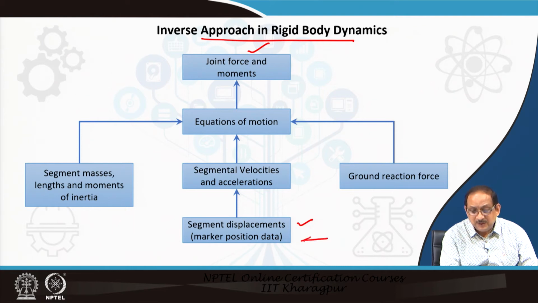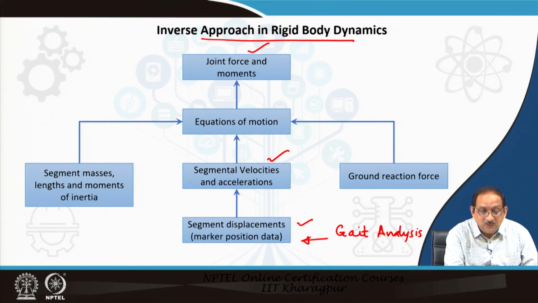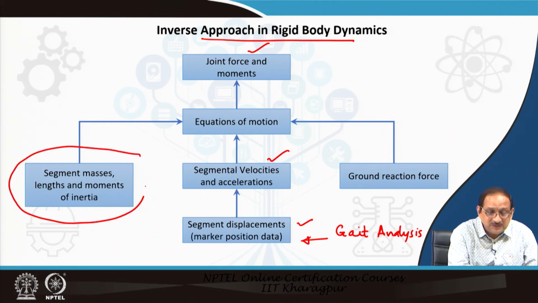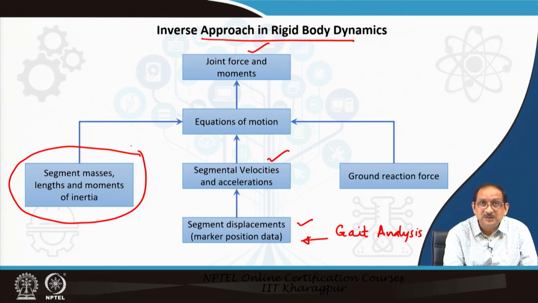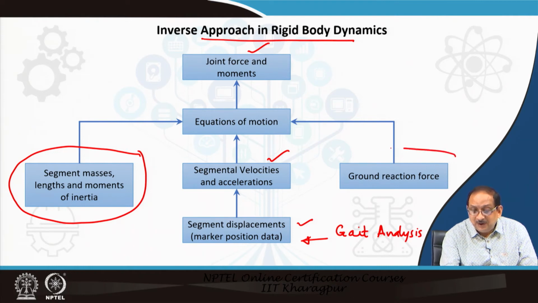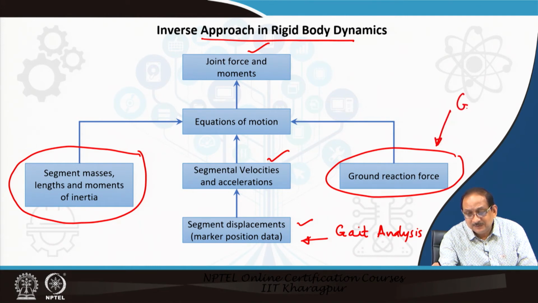From these segmental displacements, we can calculate velocities and accelerations, and then use the equations of motion along with inputs from the segmental mass, lengths and moment of inertia, that is the anthropometric data, and the ground reaction force data, which is also coming from the gait analysis.